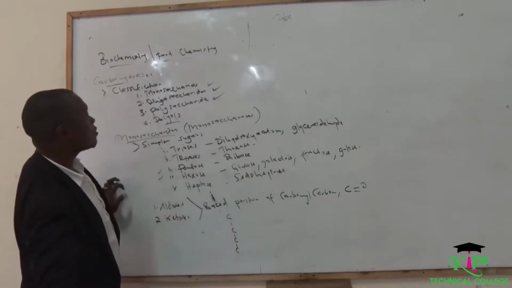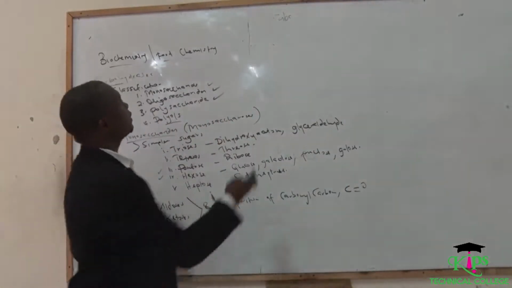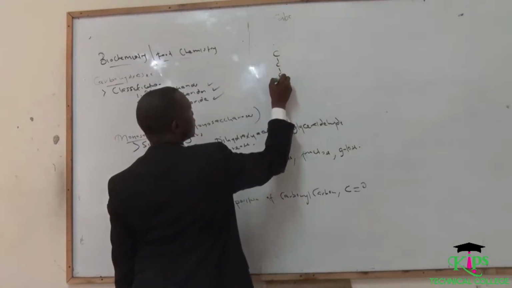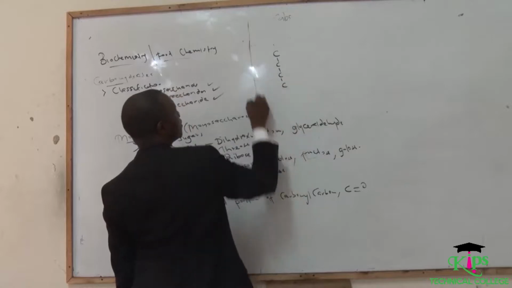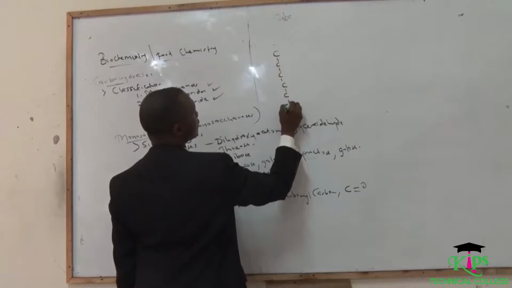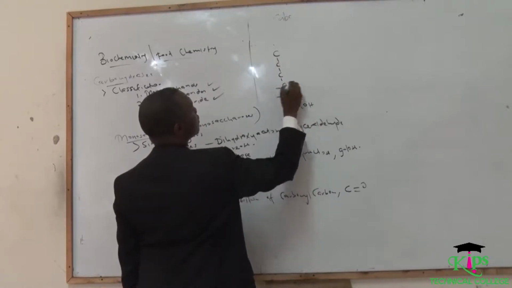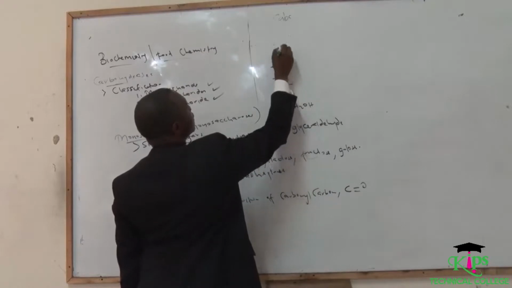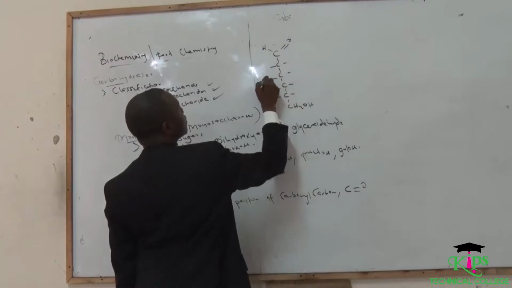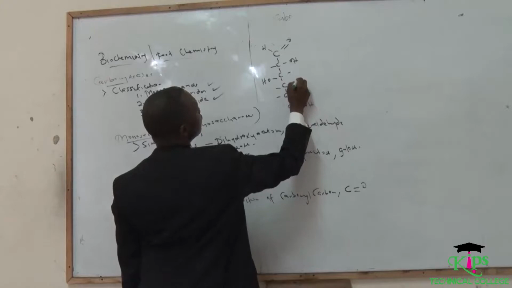Let me just do it here. Glucose has 6 carbon atoms. 1, 2, 3, 4, 5, 6. Now, this is the chain form of glucose.